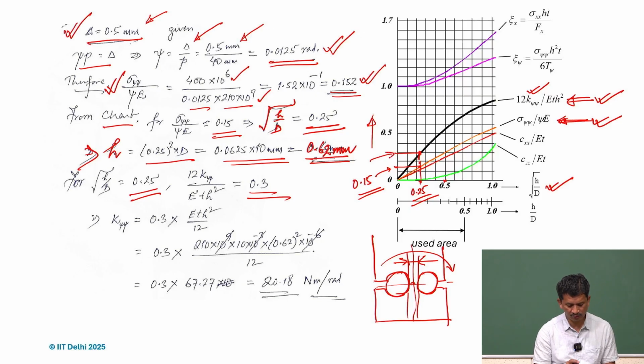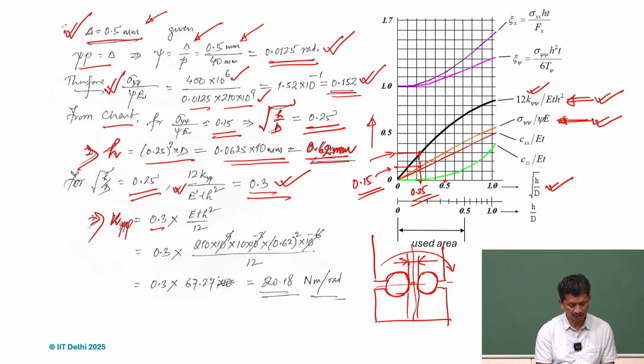So we use 0.3 for that one, and when we substitute, 12 k psi divided by ETH square is 0.3. If we move other terms to the other side, we should be able to find k psi, and that is 0.3 times ETH square by 12.